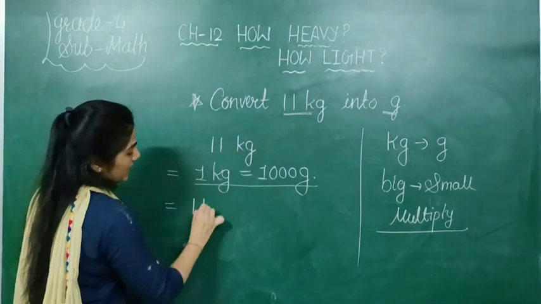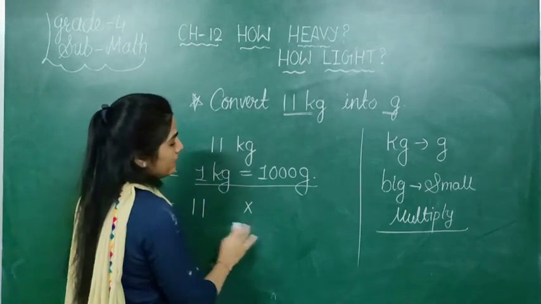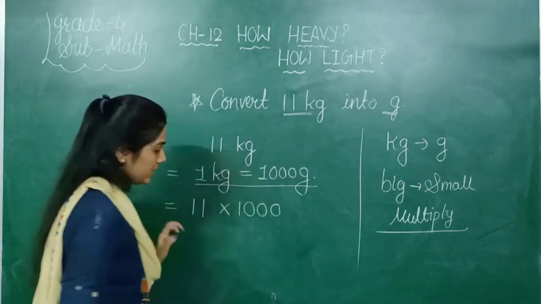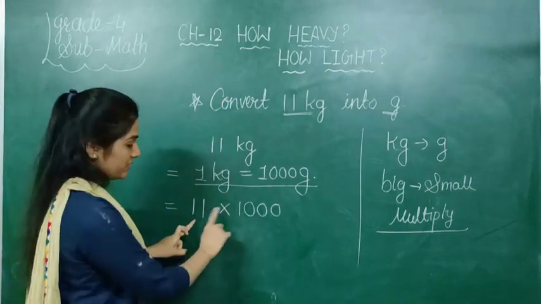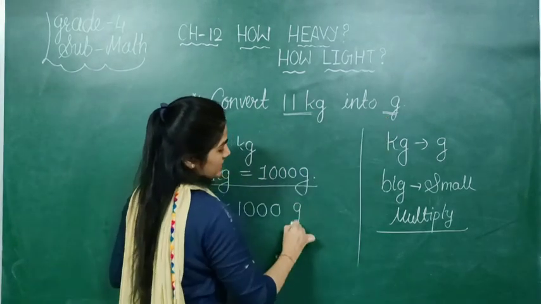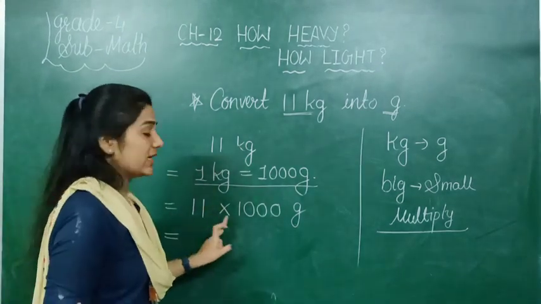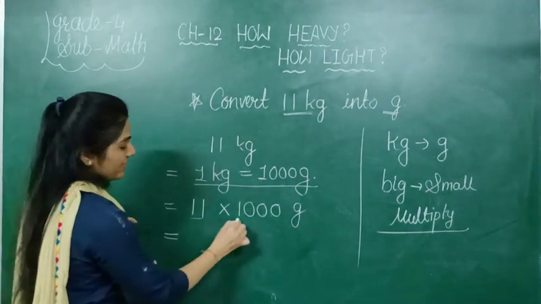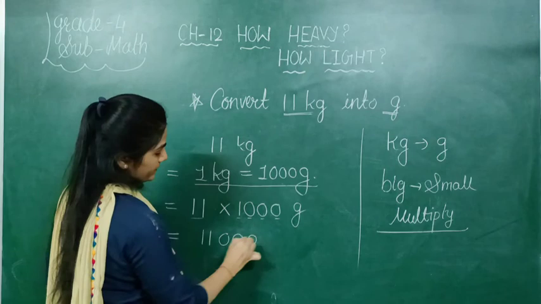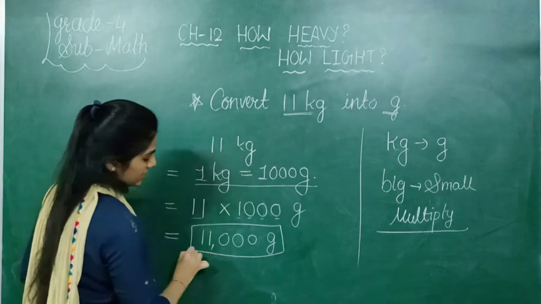So to this 11 kg, we multiply this 1000. Whenever we multiply this 1000 with this 11, remove this kg and put gram at the back because we are converting into gram. Now it's very simple. Directly you can multiply. How? 11 ones are 11 and at the back you can put the 3 zeros directly. So your answer is 11,000 gram. This is your answer.